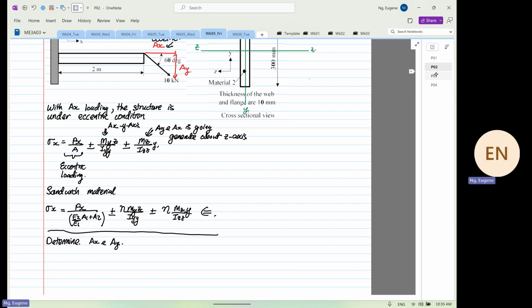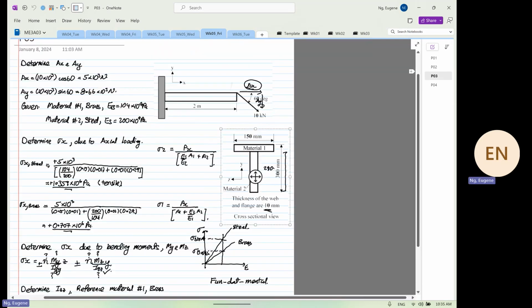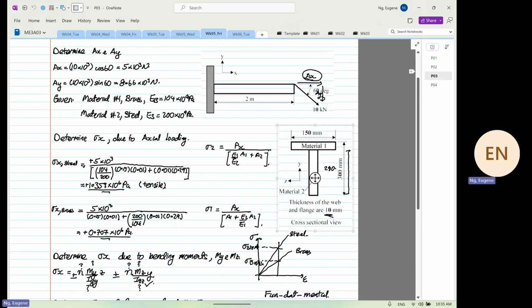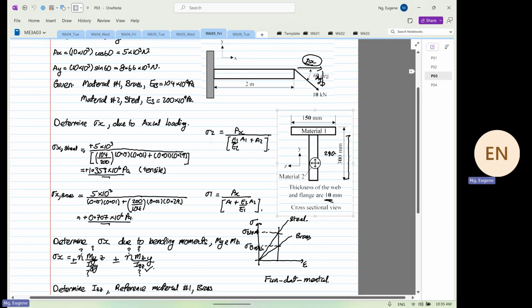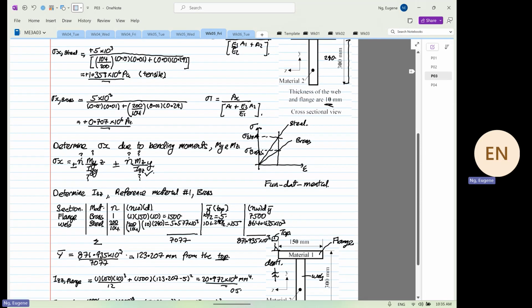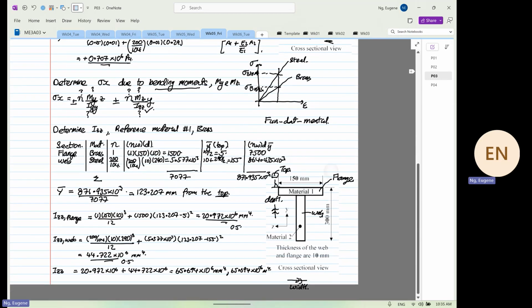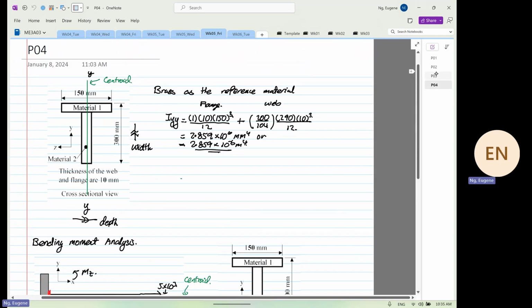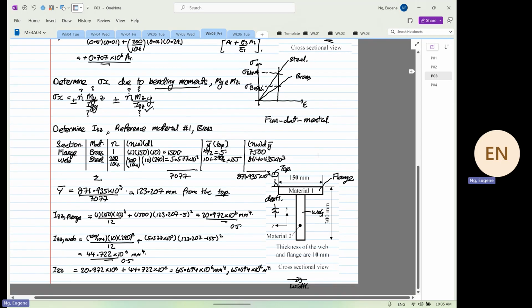The first thing we did is calculate our normal stresses due to our axial loading. Then we are going to determine our stress X due to our bending moment. From there we find our IZZ.